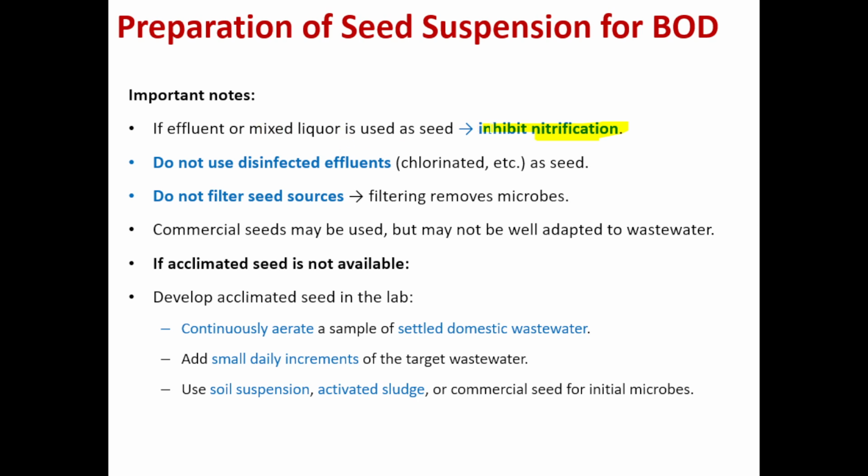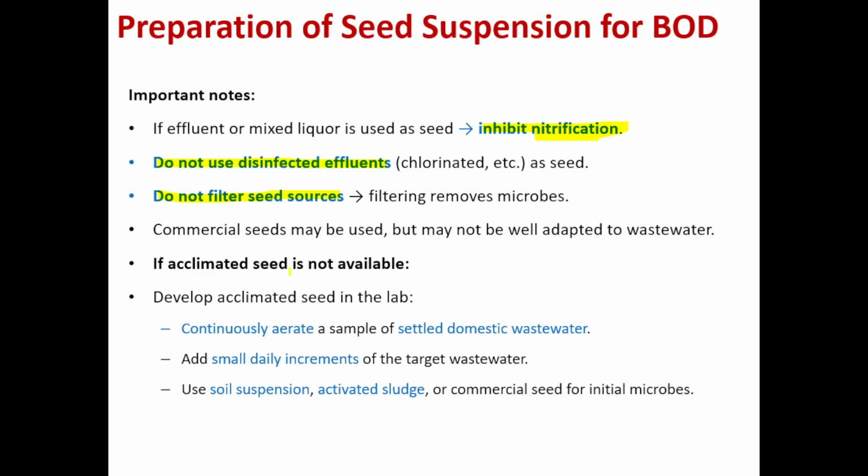So we need to inhibit the nitrification process. The second thing is don't use disinfected effluent. Don't filter the seed source. Commercial seed may be used but may not be well adapted to wastewater.